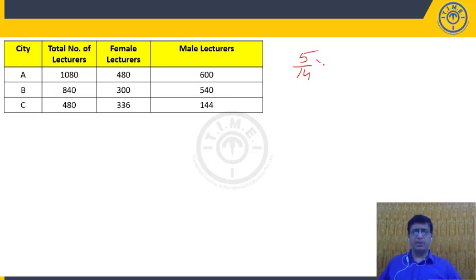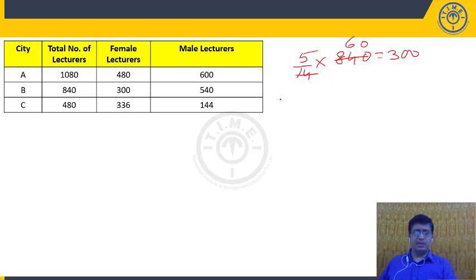Now simplify, 5 by 14 of 840. So it goes exactly 6 times, which is equal to 300. Subtract 300 from 840, it is equal to 540. Similarly, here 70%, 70% is 7 by 10. So 7 by 10 simplified gives 336, and the remaining is 144.